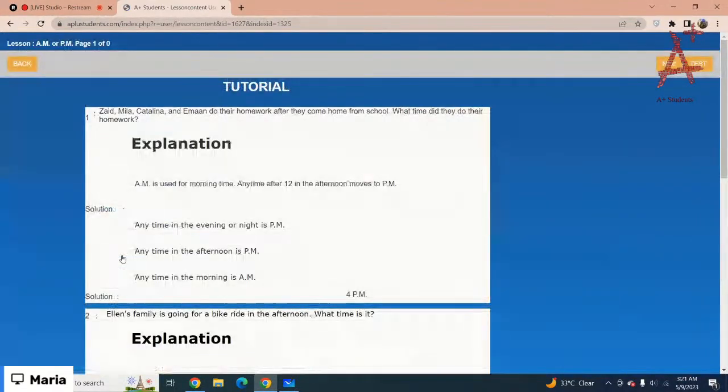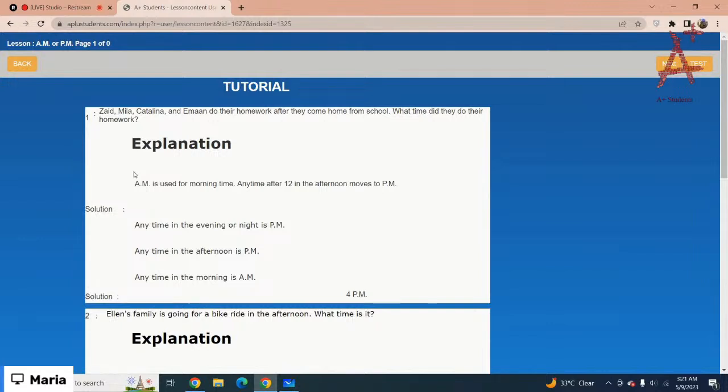The next lesson is AM or PM. Whenever we have to write down the time in AM and PM, what does AM mean? AM is used for morning time, before 12. Got it? So whenever you have to write down the morning time, you can write AM.